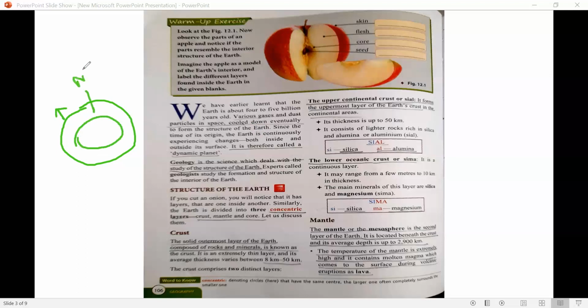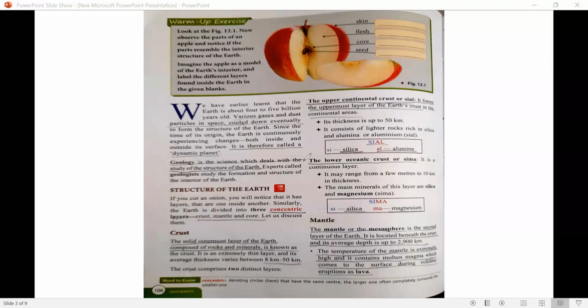This is the mantle, this is the crust, and these are the two cores that we will learn about further. So the Earth has different parts. Both the inside and outside surface had changes in the earlier time when the Earth was forming and evolving. So it is called a dynamic planet. I have told you why it is called a dynamic planet.